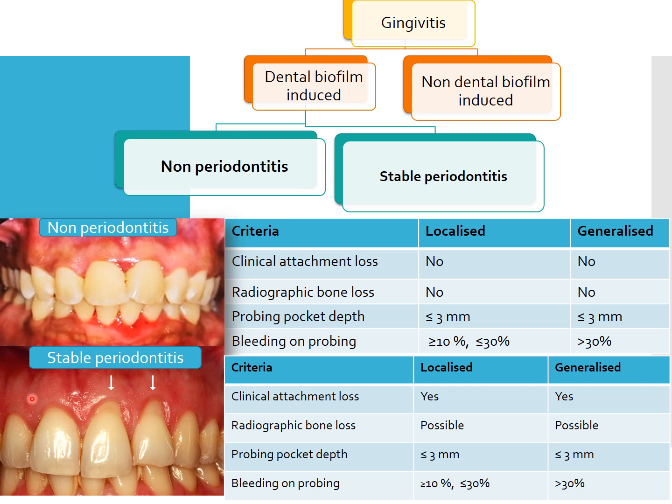When we come to stable periodontitis, there will be a reduced periodontium, with loss of clinical attachment and radiographic bone loss, but the probing pocket depth will be minimal, that is 2 to 3 mm. Bleeding on probing will be there, either localized, 10 to 30 percent, or generalized, greater than 30 percent.